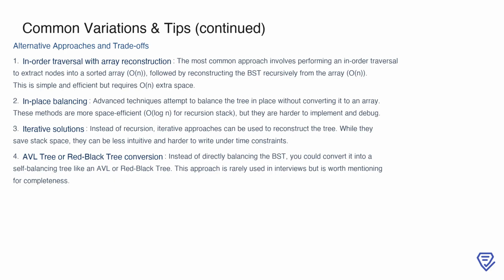For more advanced users, in-place balancing techniques aim to avoid creating a separate array. These methods are space-efficient, using only O(log n) space for the recursion stack, but they come with greater implementation complexity and debugging challenges. Iterative solutions are another option, replacing recursion with an iterative approach to rebuild the tree. While this saves stack space, it can be harder to write and understand under time constraints.